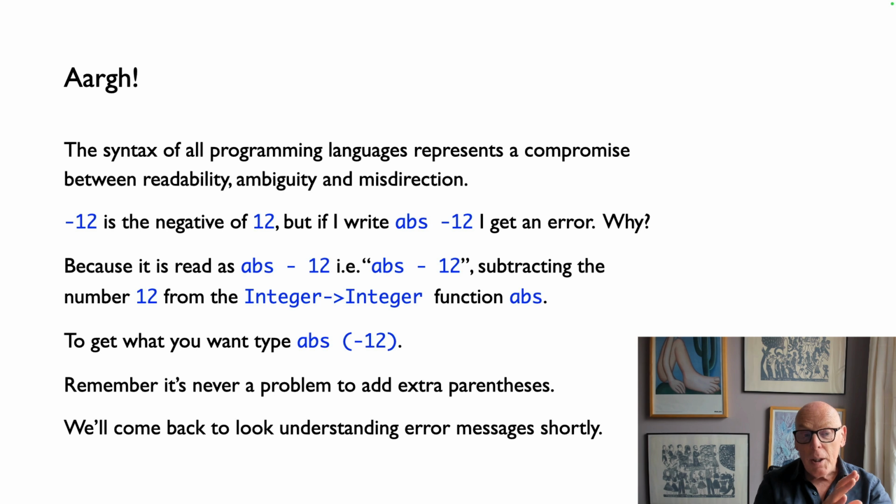And I'm going to come back to this topic of how the computer reports error messages to us and how we interpret them in a few segments' time. But for the moment, I just wanted to conclude on that important caveat. Please, when you want to write a negative number, put it in parentheses.